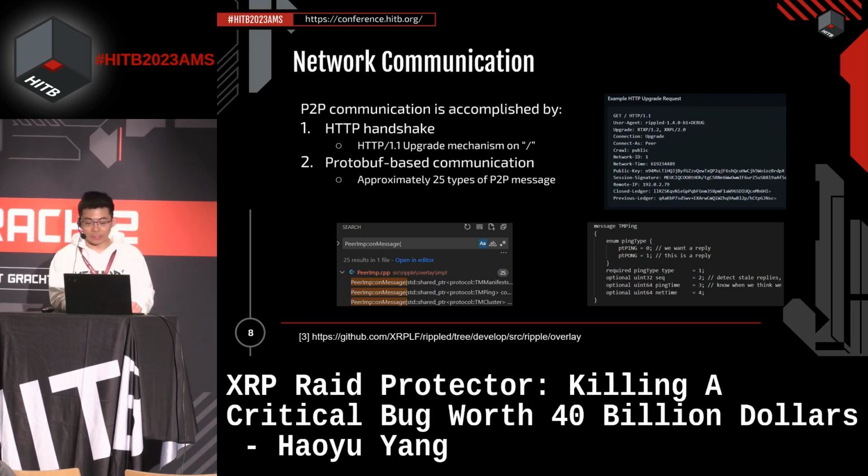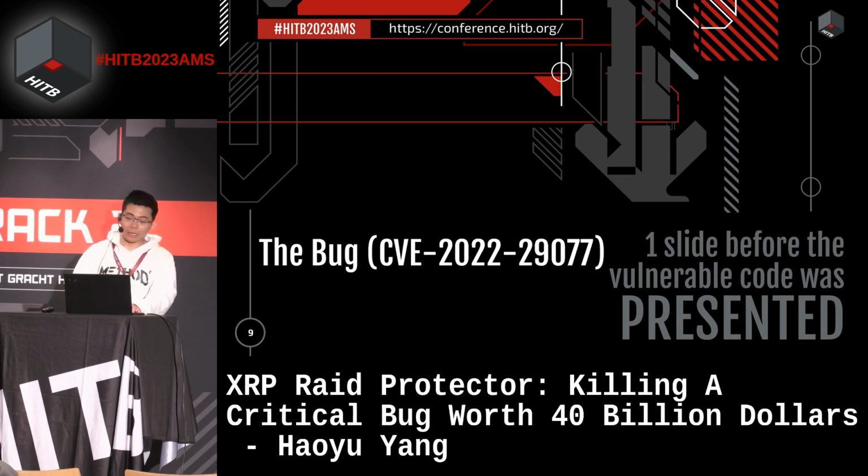There are approximately 25 types of P2P message, and each of them has a protobuf style definition. This is so great because we do not even need to write them ourselves if we're going to fuzz it with structure-aware fuzzing. So I quickly set up a fuzzer based on libFuzzer and added the structure-aware feature and improved it again and again until I found the bug.